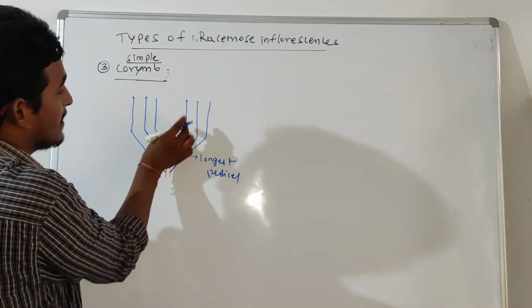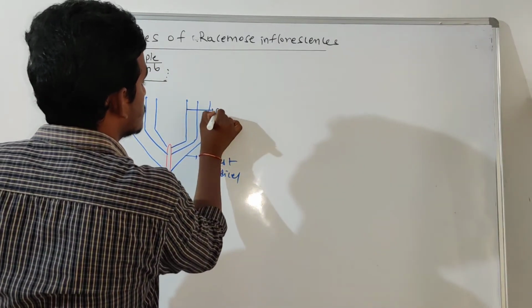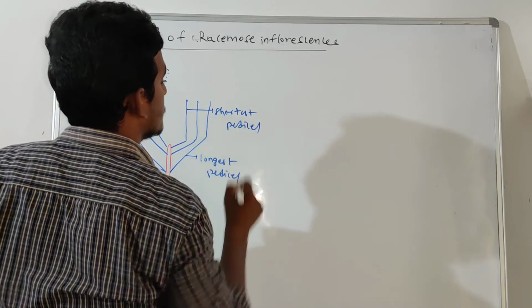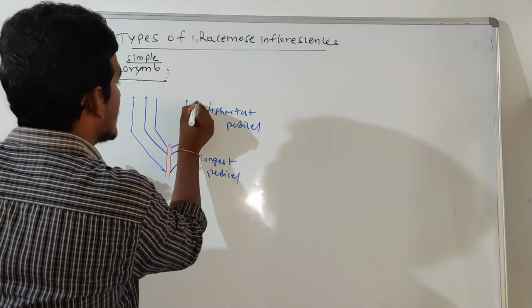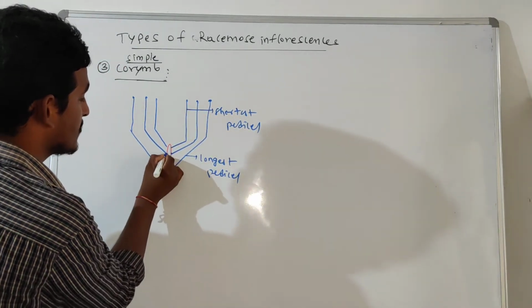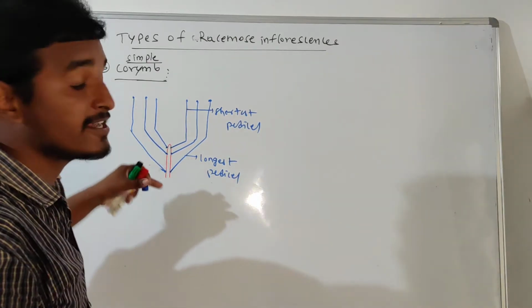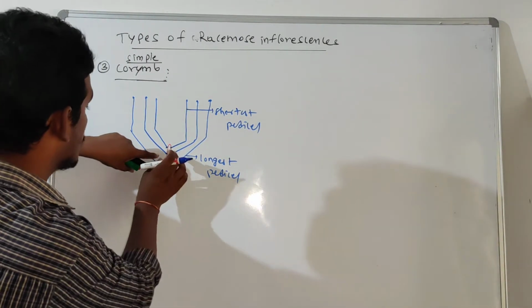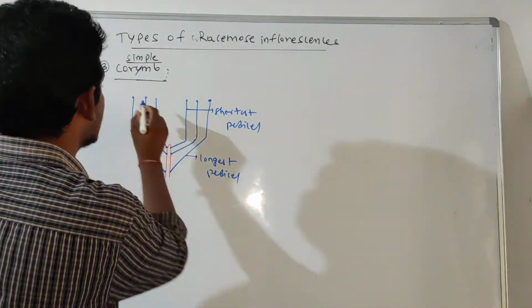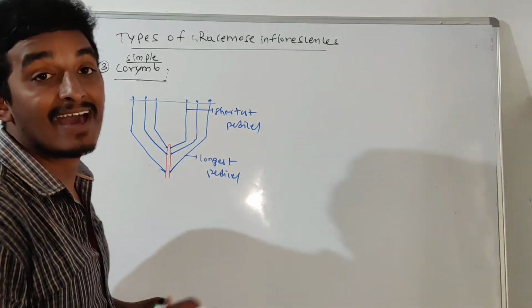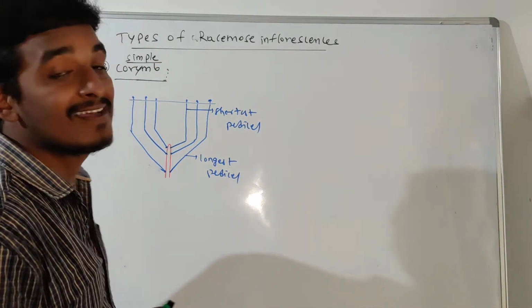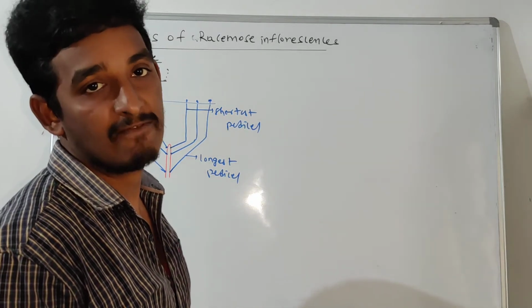So see, towards the apex it shows the shortest pedicel. But ultimately they originate at different positions in the peduncle, right? They are not originated from the same position. The flowers originate from different positions, but ultimately they reach the same or equal height. That type of inflorescence we call a simple corymb inflorescence.